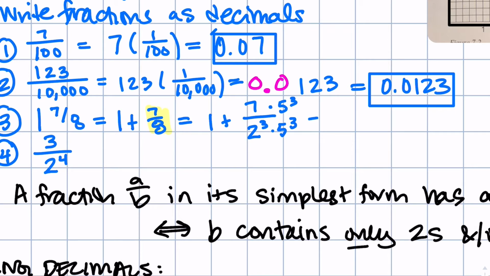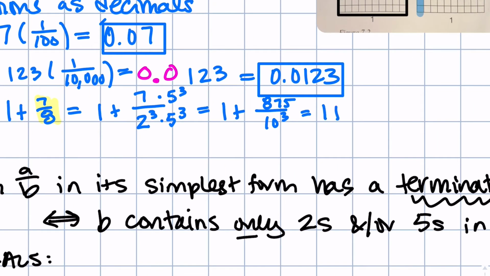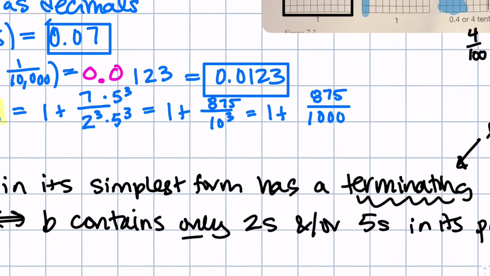Okay, and now let's go ahead and multiply this out. The bottom is really just using rules of exponents. It's 10 cubed. And if you wanted to multiply this out, I think you get 1 plus 875 over, I think 10 cubed should be 1,000.